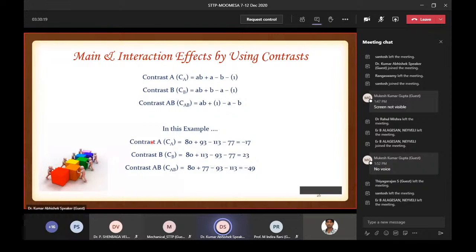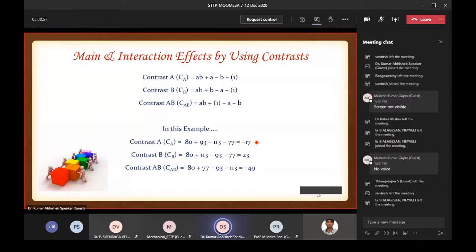If you look at the contrast, it is nothing but the difference when the factor is at the high level minus when the factor is at the low level. For factor A, when the factor is at its high level, you find here, and at the low level you find this combination.